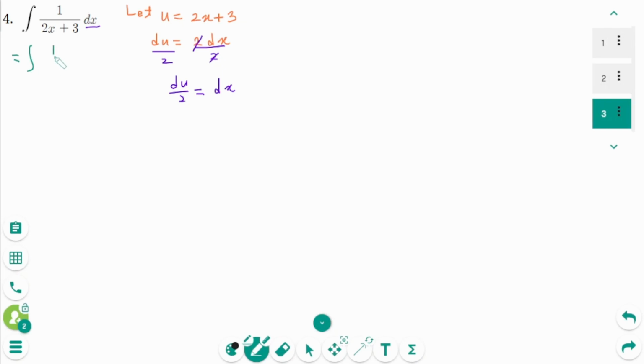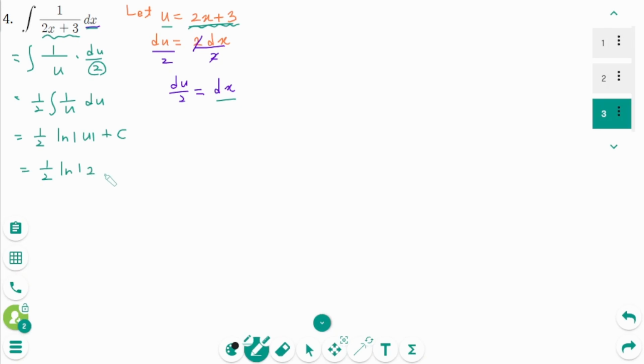The integral of 1 over 2x plus 3 is 1 over u, and dx equals du over 2. We can rewrite as 1 over 2 times the integral of 1 over u du, which equals 1 over 2 ln absolute value of u plus c, which equals 1 over 2 ln absolute value of 2x plus 3 plus c.